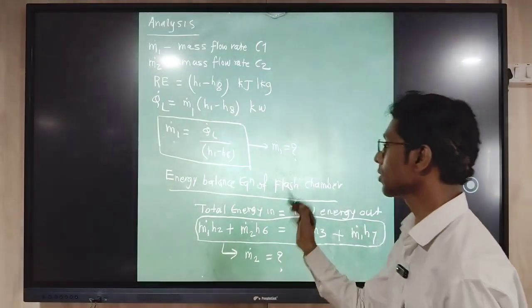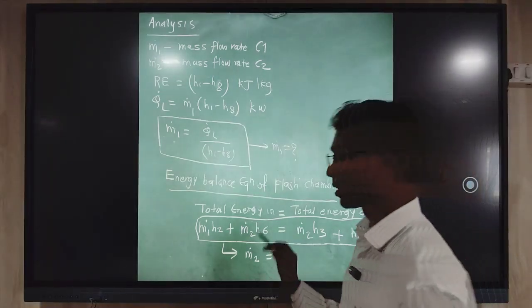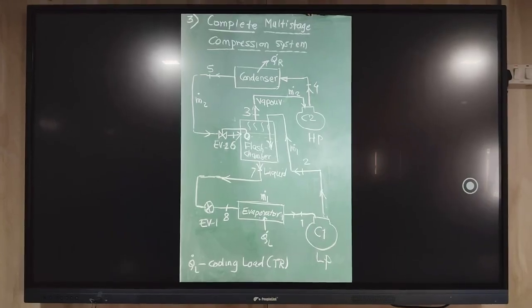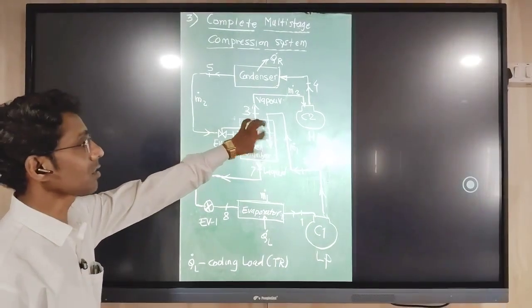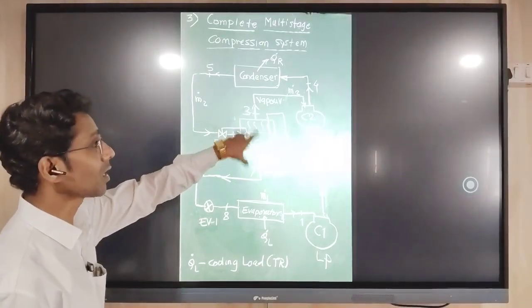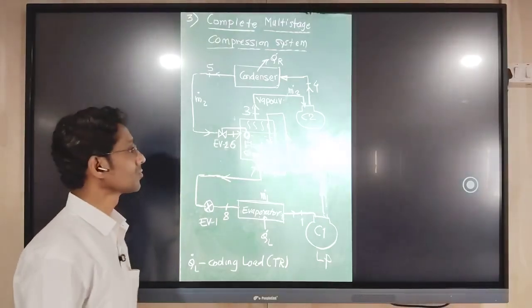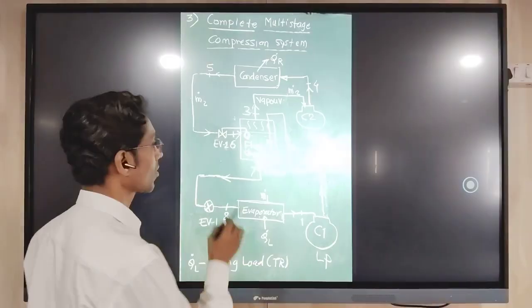So let us go to the construction diagram before coming to this equation. In the schematic diagram here you can see this is a flash chamber. At the flash chamber, if you look at the lines which are entering and leaving, you will find 4 lines: 2 lines entering and 2 lines leaving the flash chamber or flash tank.